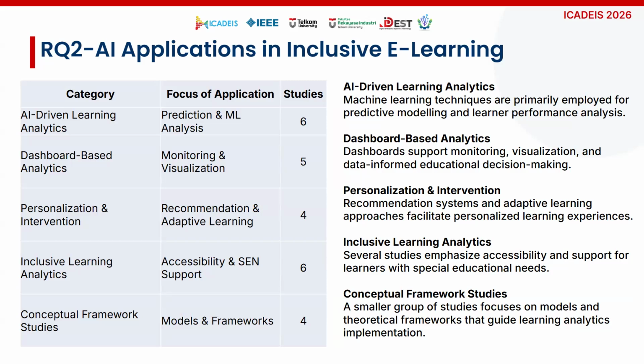For research question two, the AI application in inclusive learning, we found five categories of focus applications for AI-driven learning analytics. The first is prediction and machine learning analytics: machine learning techniques are primarily employed for predictive modeling and learner performance analysis.